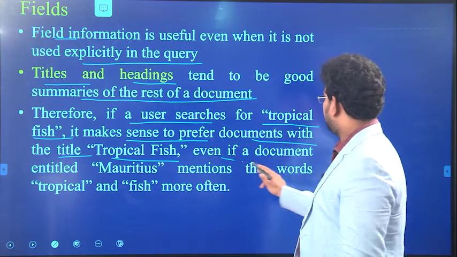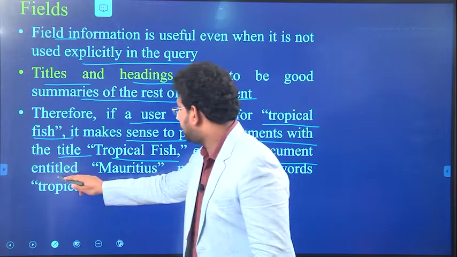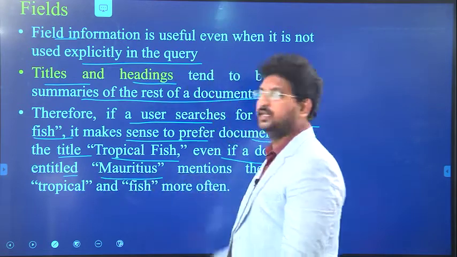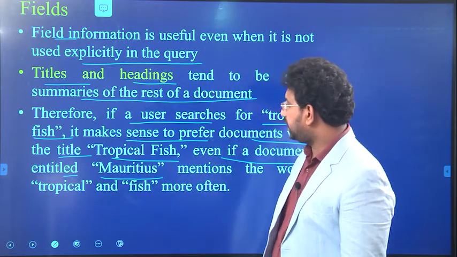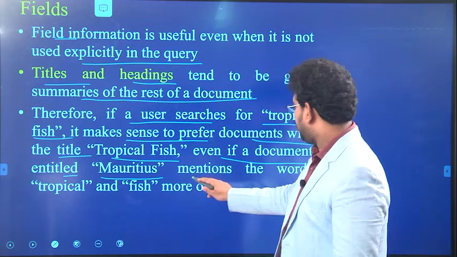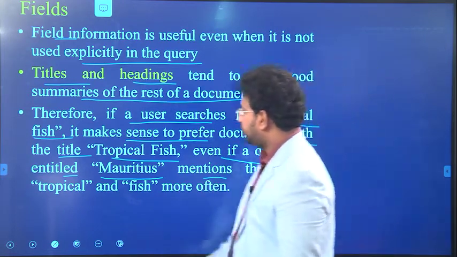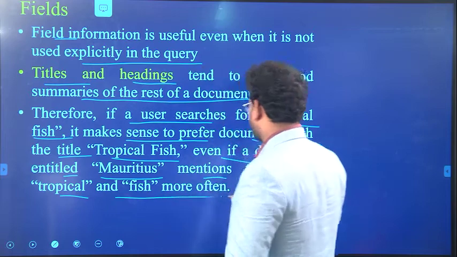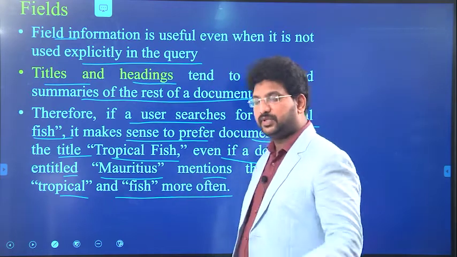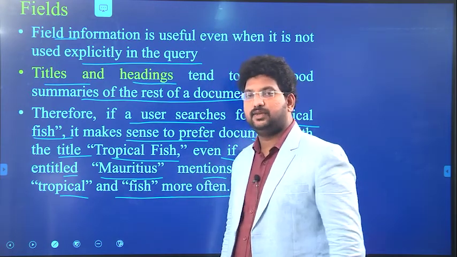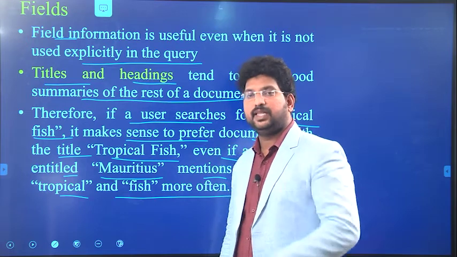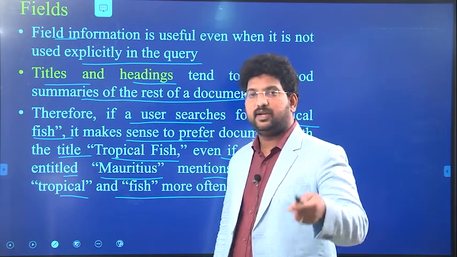Even if a document entitled Mauritius mentions the words tropical and fish more often, some titles, even though different, refer to the particular words present in the web search query.